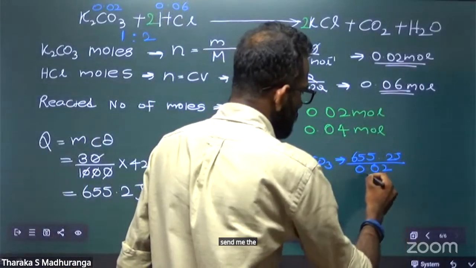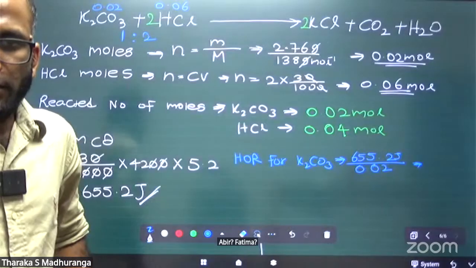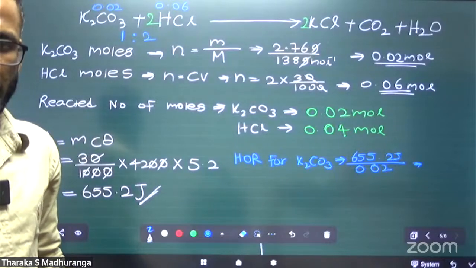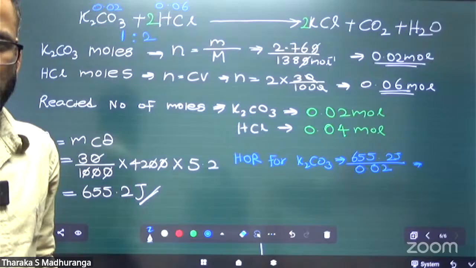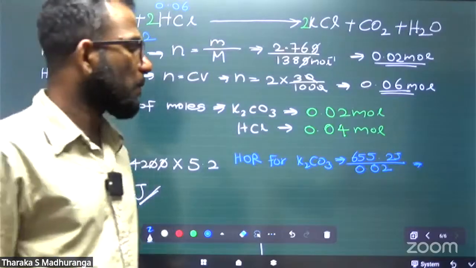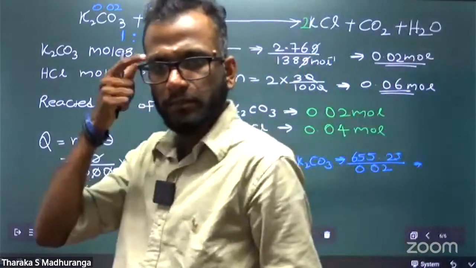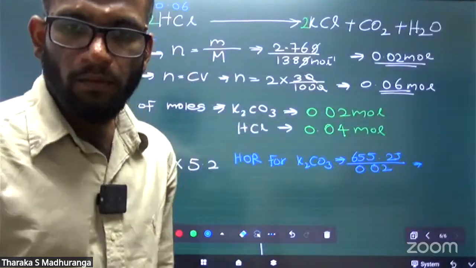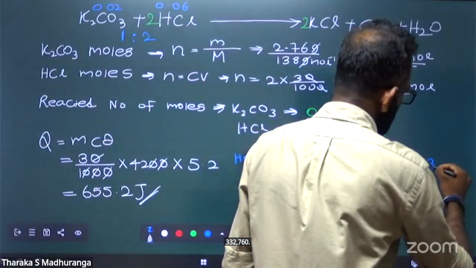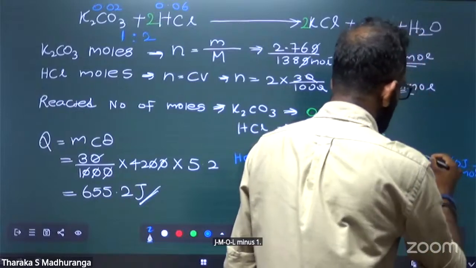Send me the value quickly. 32,760 J mol^-1. It is also minus.